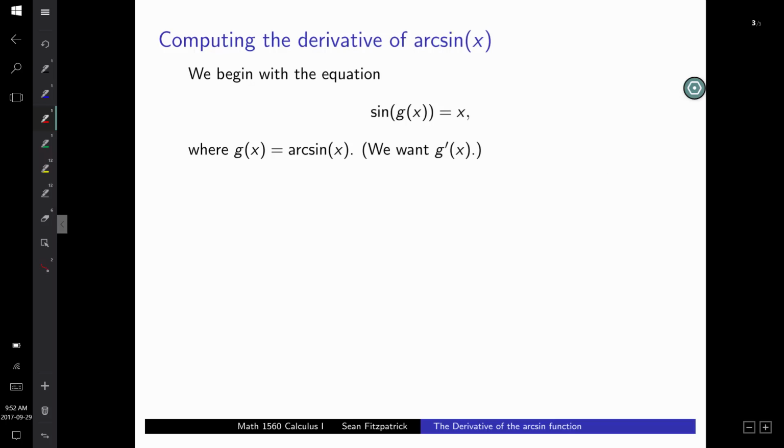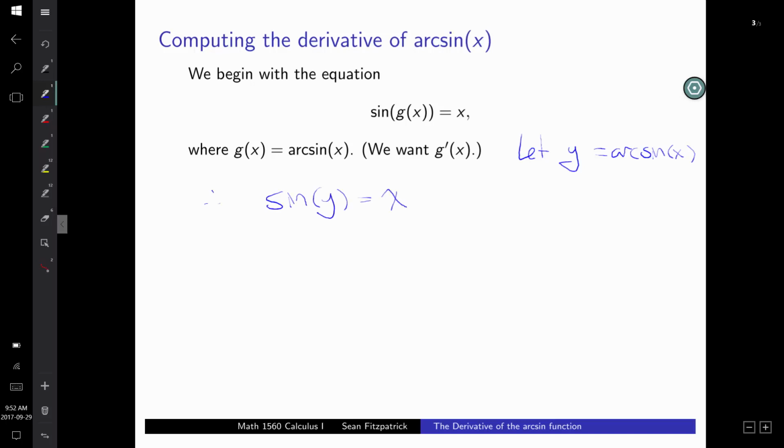So we set g equal to arcsine of x. We're trying to calculate g prime, right? So let's just call this thing y. So in fact, just to simplify things, let y equal arcsine of x. Okay? So then we know that sine of y equals x.